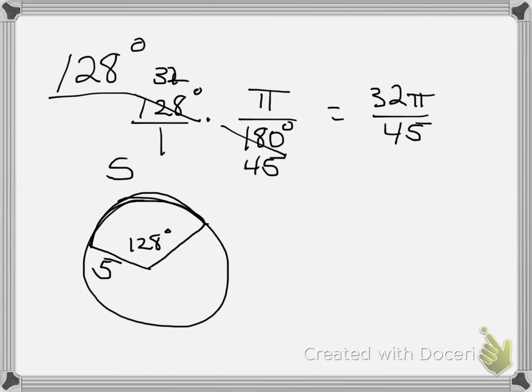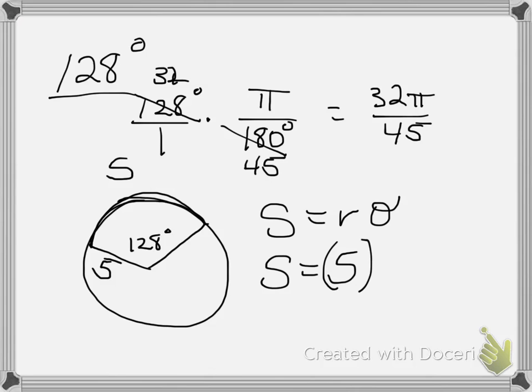Now we're ready to plug it into our formula and find the arc length. S equals R theta. So we're solving for S. We know the radius is 5, and then we do 32 pi over 45 is our central angle in radians. Okay, if we can cancel or do anything, that would be great.